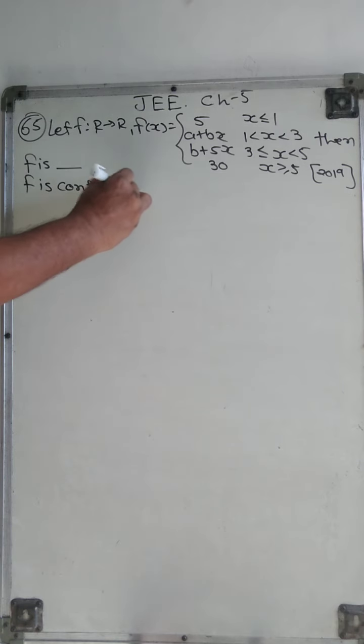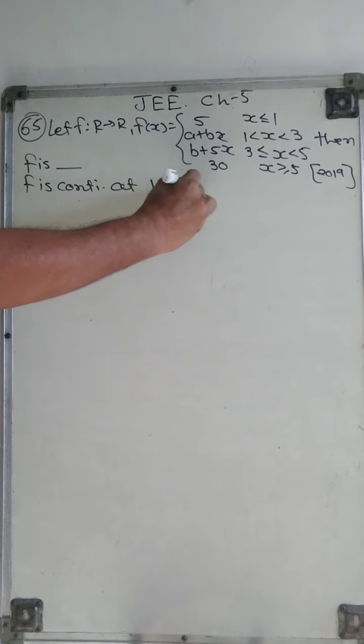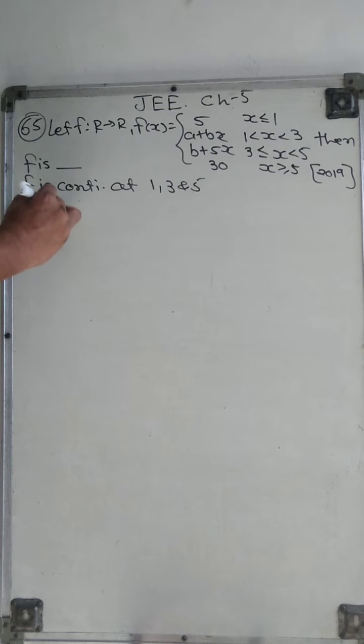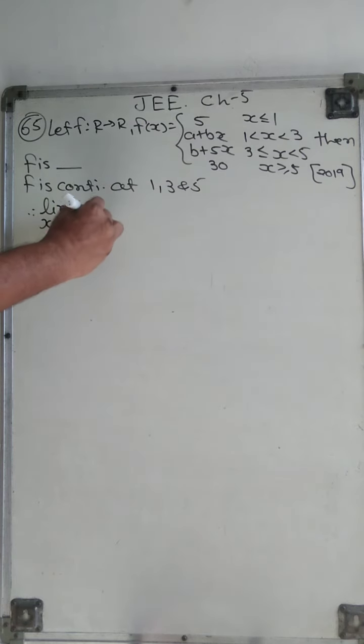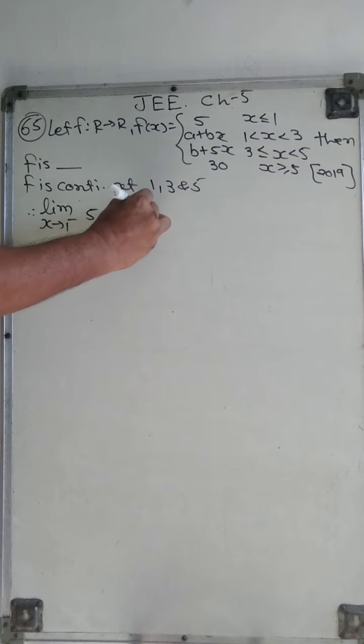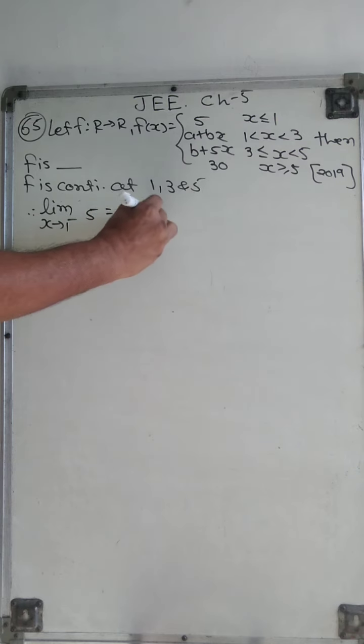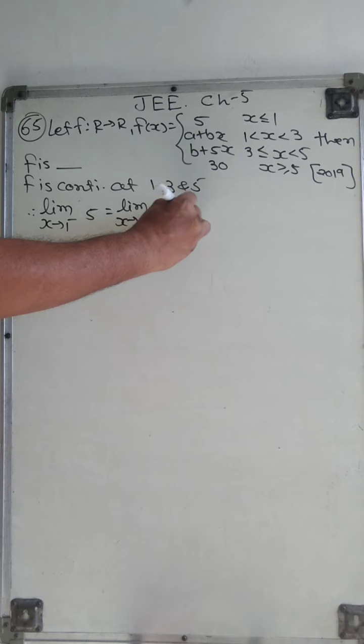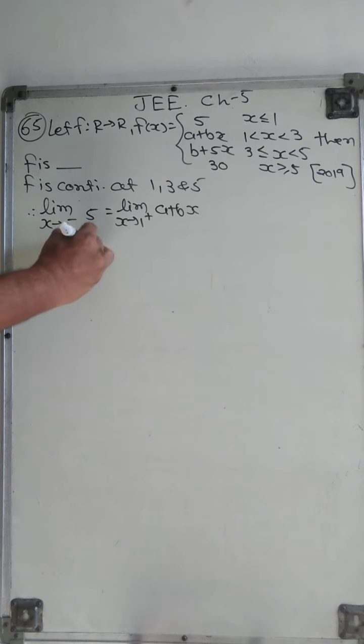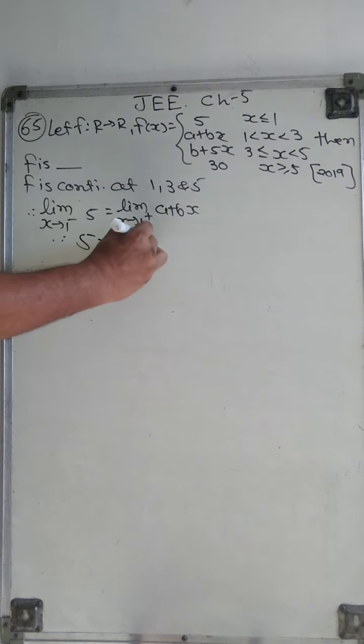continuous at 1, 3 and 5. Therefore limit x tends to 1 minus of 5 is equal to limit x tends to 1 plus of a plus bx, so 5 is equal to a plus b. This is our first result.